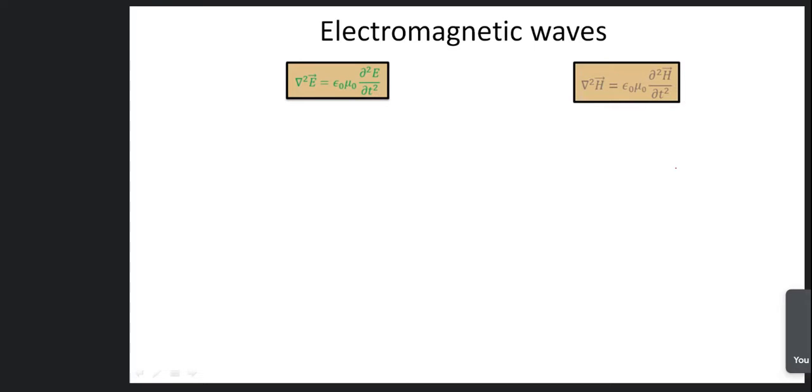Let us talk more about electromagnetic waves. Electromagnetic waves are produced due to oscillating, accelerating charges. When a charge accelerates or oscillates, it produces an electromagnetic wave.